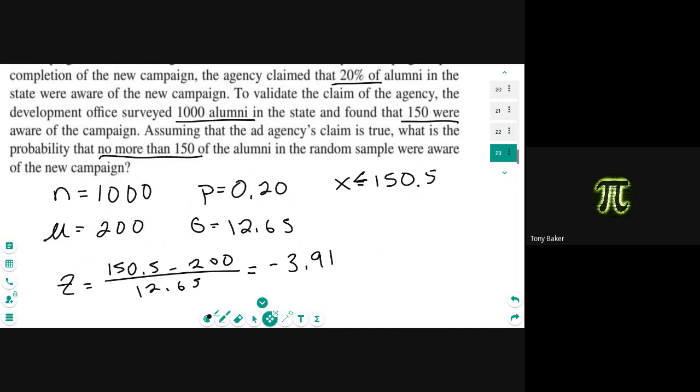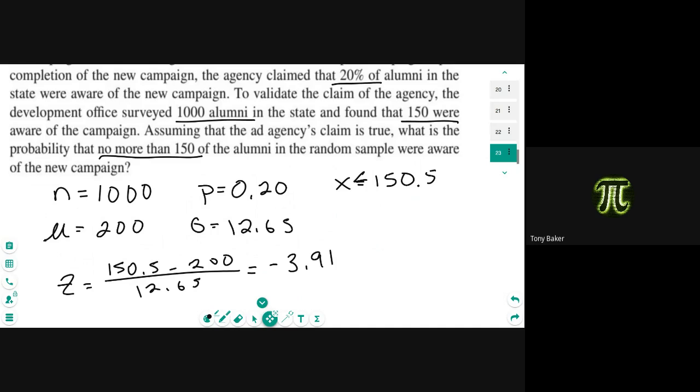If we looked up that number on the chart, if your chart could go that low, which the one in the book can't, it's 0.000005. So we're talking about basically no chance that that's true.